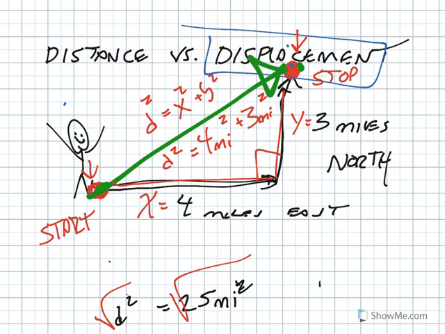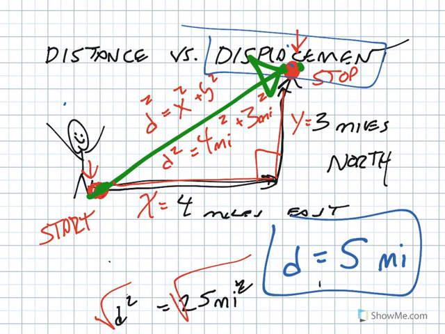That gives you d equals the square root of 25 miles squared. The square root of 25 is 5, and the square root of miles squared is miles. So there you go. Your displacement was 5 miles.